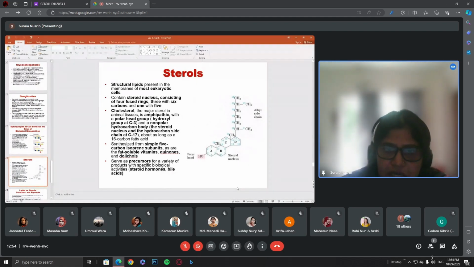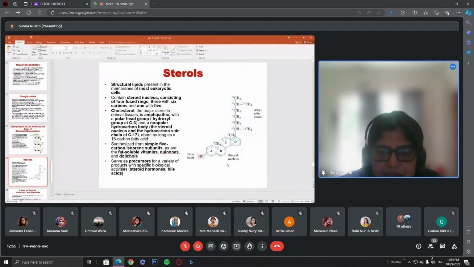If you look at the structure of the sterol here, the hydrophilic part, that means the polar head group, is actually coming from this hydroxyl group attached to the number 3 carbon of the A ring. So that is the hydrophilic part or the polar head group of the sterol.